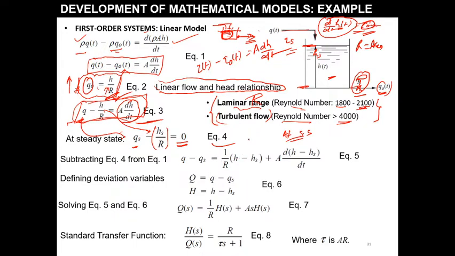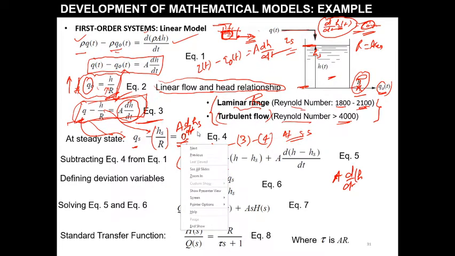Okay, so subtract equation 3 minus 4. Subtracting equation number 4 from equation number 3, what will you get? You get Q minus Qs, h by R minus hs by R, plus A d by dt of h minus A d by dt of hs. Although this is zero, hs is a constant, therefore it is zero.